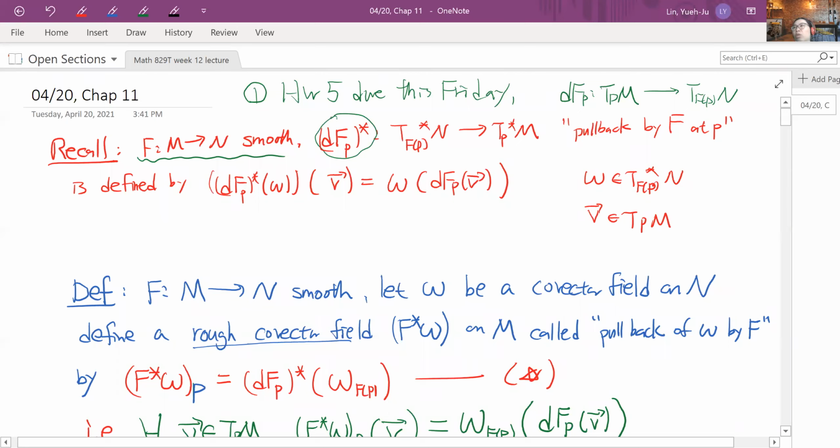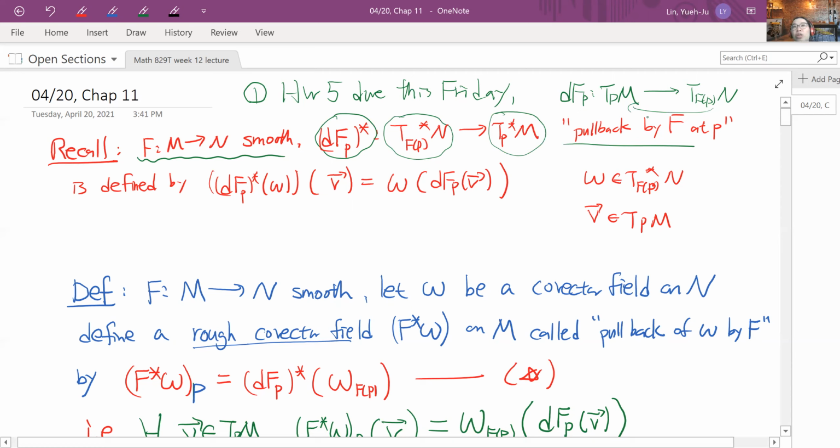It's similar to what you saw in real analysis or functional analysis when you define the dual map. Then it's from the dual of the codomain to the dual of the domain, right? So you input a covector on N and output a covector on M. This is what we call the pullback, because everything is going from N back to M. That's why we say it's pullback.